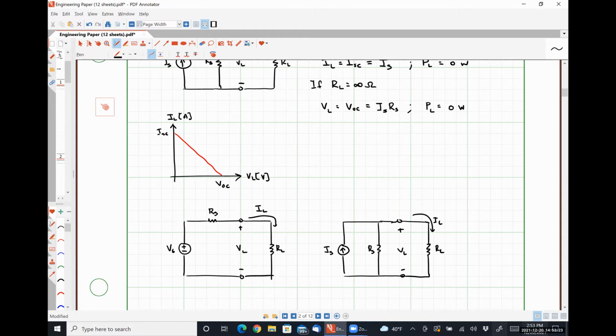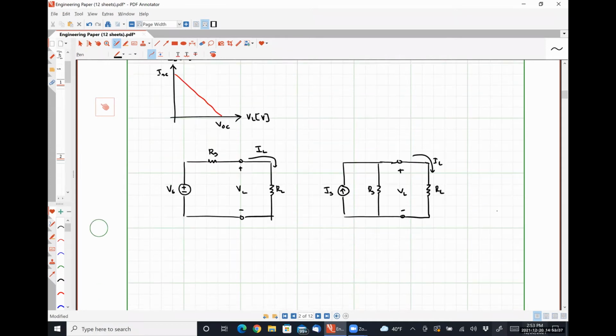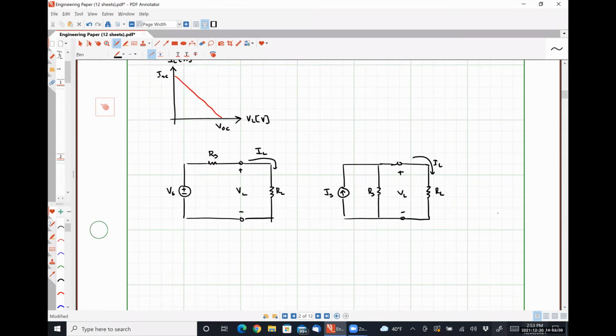and our goal here is to determine under what conditions VL is identical in both circuits and IL is identical in both circuits. So let's look at the circuit on the left.